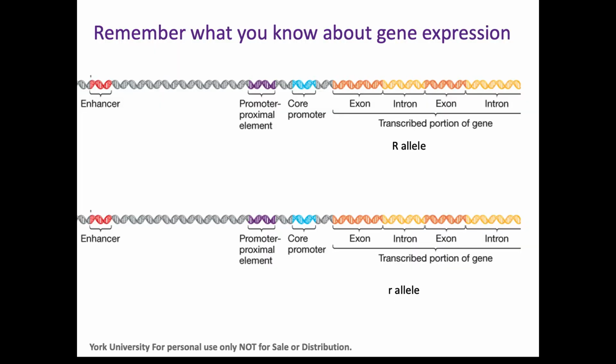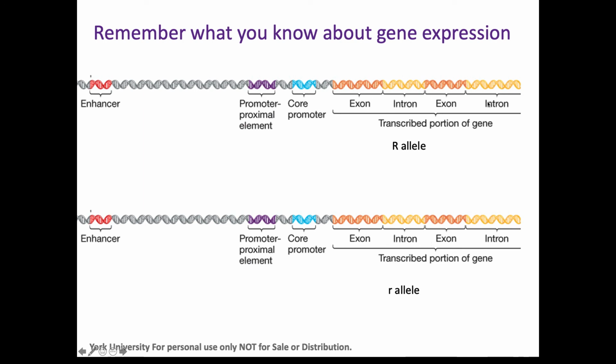Well, to answer this question, you have to recall what you know about gene expression. So here we have two copies of the seed shape gene. One of them is the round allele, and here we have the wrinkled allele. These two alleles are identical. They are the same gene, except for a difference in sequence somewhere in the coding region that results, for the wrinkled allele, in an early stop codon being made in the messenger RNA.